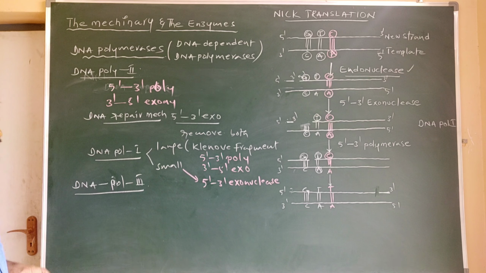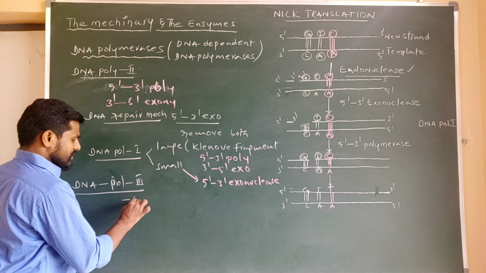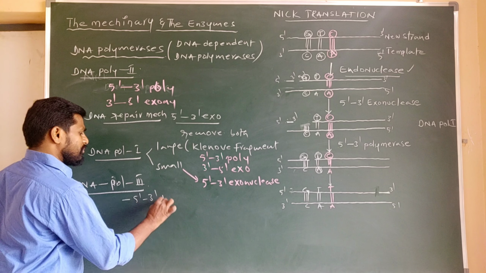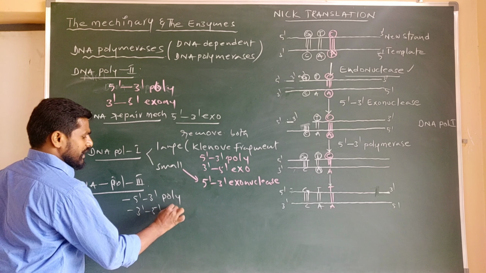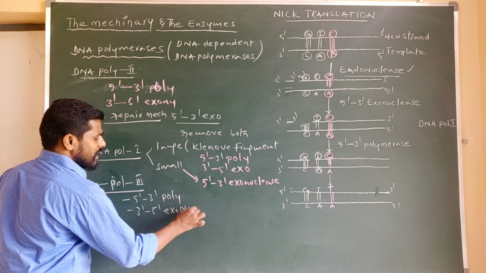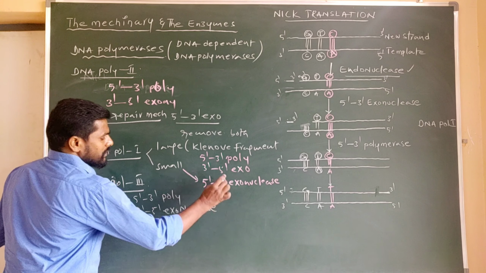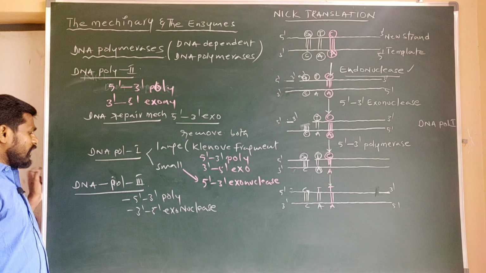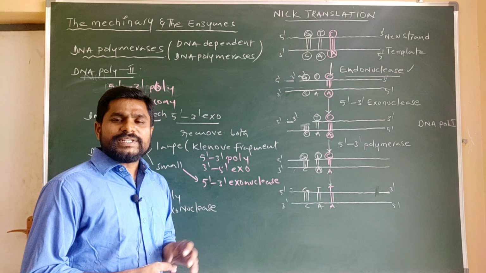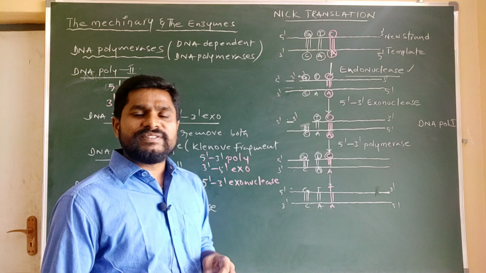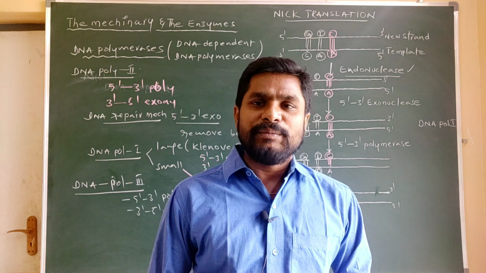It also shows two activities, that is 5' to 3' polymerase activity and 3' to 5' exonuclease activity. The polymerization capacity of DNA pol 3 is very high, so that it synthesizes a large part of DNA during replication.